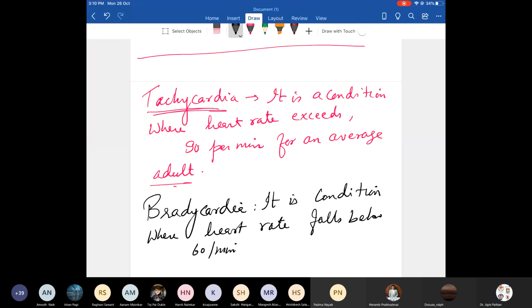Is it clear? Any doubts? Tachycardia is 90 and above, and bradycardia is when it falls below 60. Is it clear? These two terms are important. Any doubts?